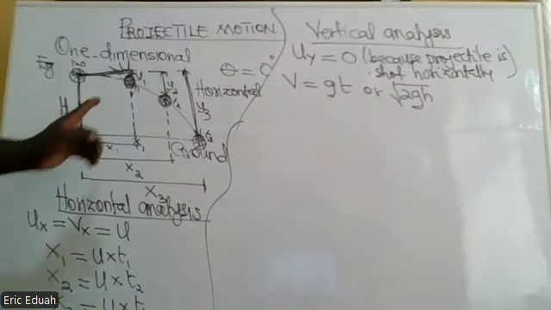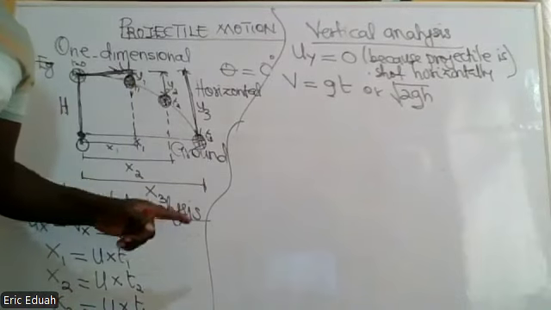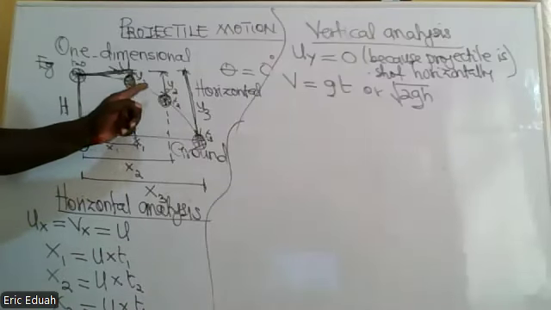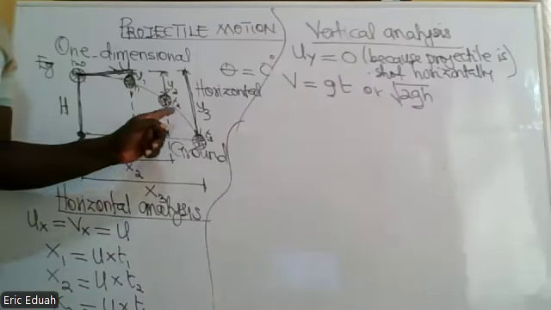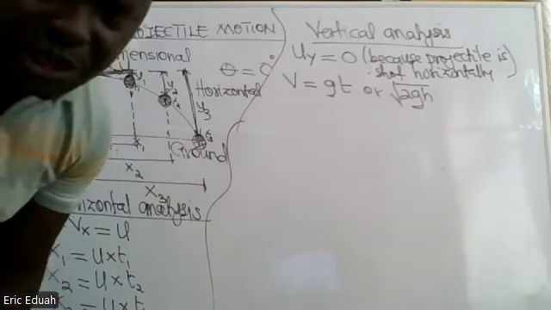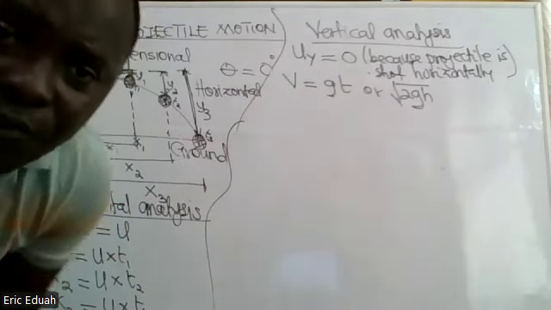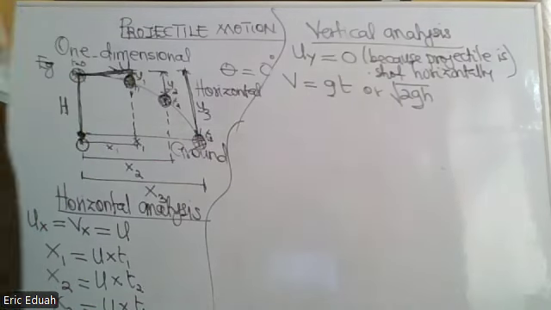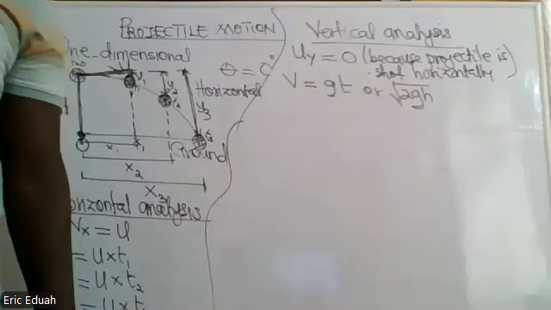Now note that as the body falls, it accelerates, meaning this speed v1, v2, v3 would increase with time. And so vertically, the body accelerates. Horizontally, acceleration is 0. Class, is there any question?